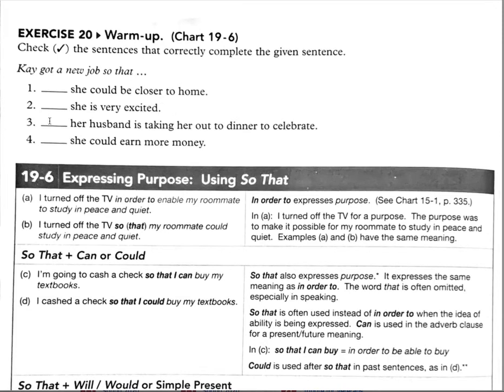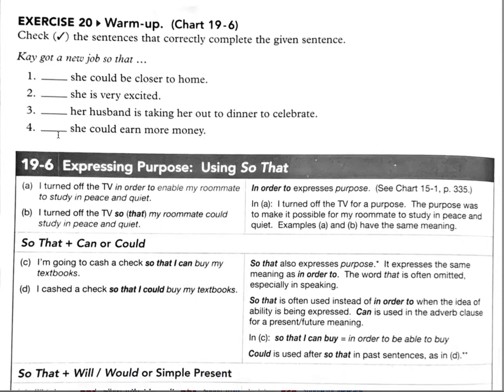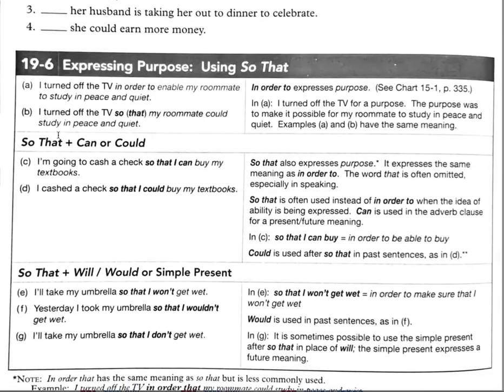Number three, Kay got a new job so that her husband is taking her out to dinner to celebrate. You don't get a new job so that your husband can take you out to celebrate. Number four, Kay got a new job so that she could earn more money. Yes, people get new jobs so that they can earn more money. So number one and number four. And that's using a purpose.